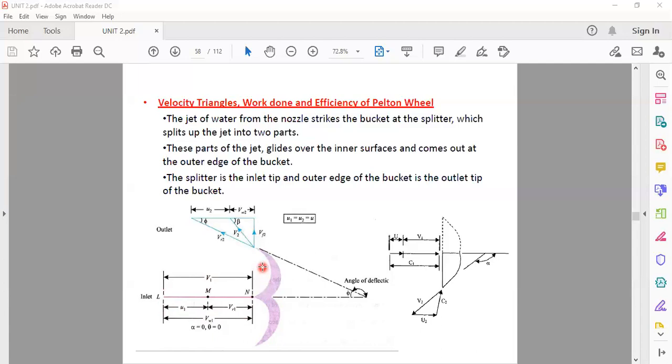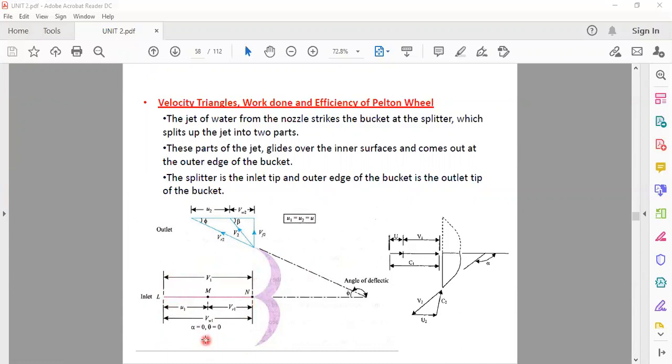So water moving in that direction, tangent to this blade, Vr2 is the relative outlet velocity, phi is the outlet blade angle, U2 is the outlet blade velocity, VW2 is wheel velocity at outlet, beta is the outlet jet angle, Vf is the velocity of flow. All parameters we have discussed in the first unit, only the inlet triangle converts into a single line.